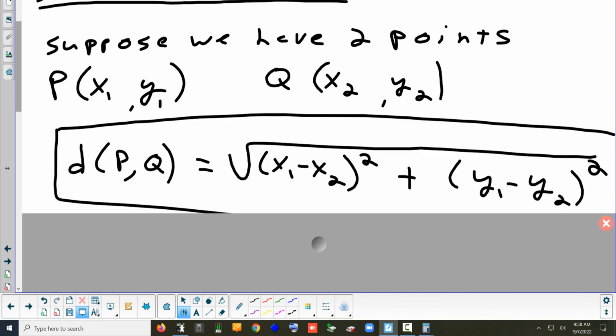And that is the distance formula. And if you look at it and you think, well, it kind of looks like the Pythagorean theorem a little bit, you square something, and you add them up. That's because it is the Pythagorean theorem. It's the Pythagorean theorem written using coordinates instead of sides of the triangle. But it's exactly the same formula.